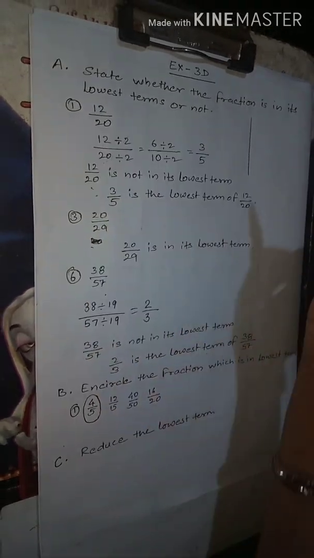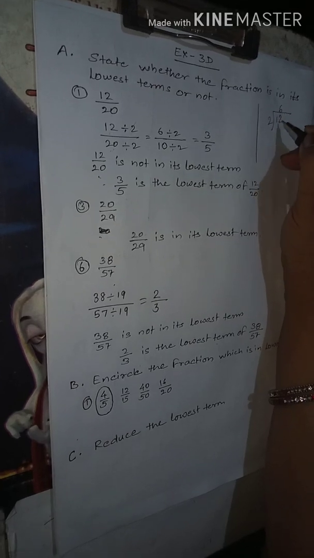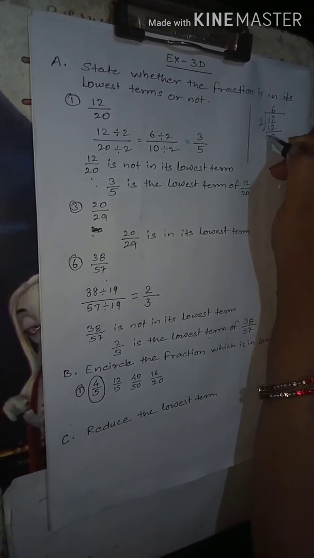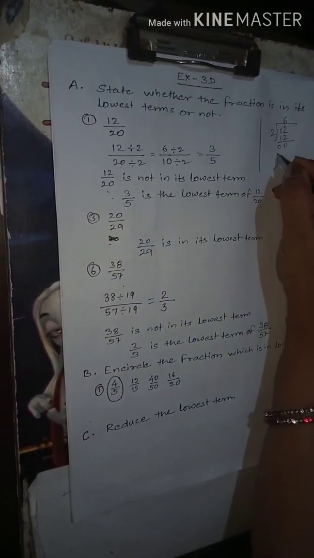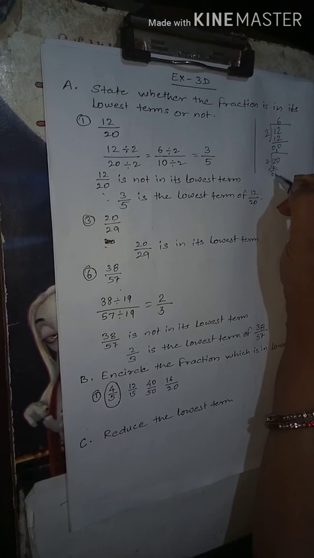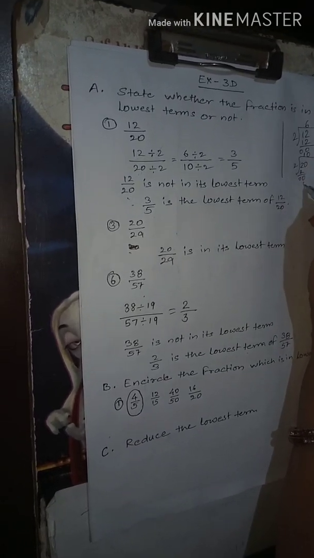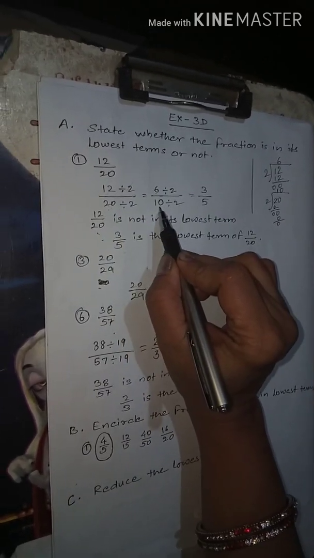So 12 divided by 2. 2 sixes are 12. So 6. Now 20 divided by 2. 2 tens are 20. So 10. So 20 divided by 2 is 10.